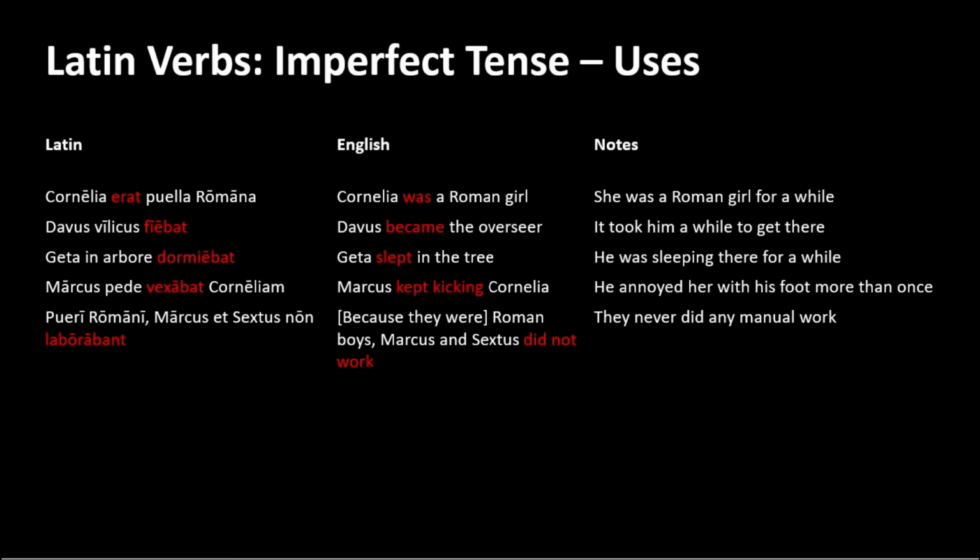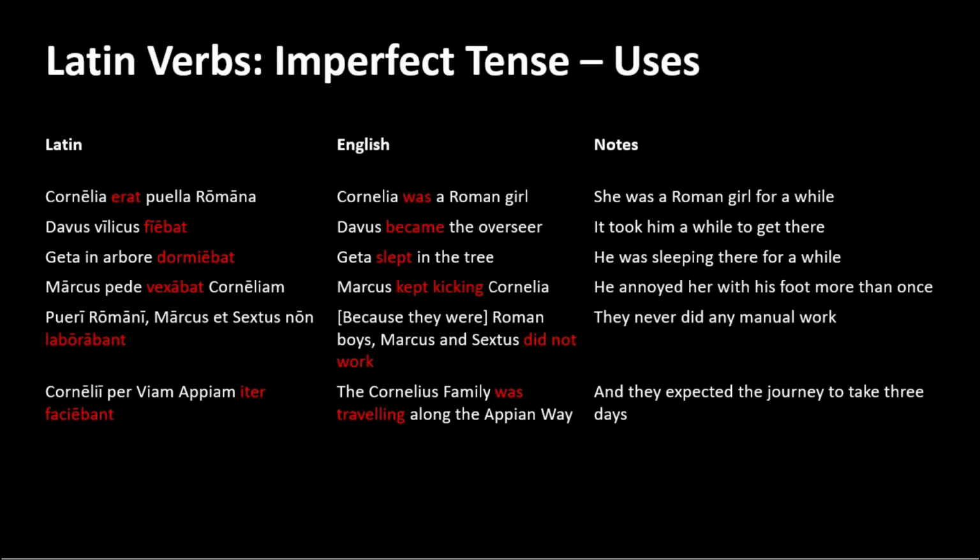Because they were Roman boys and because they were in the higher classes, they never did any manual work. Not only did Marcus and Sextus not work on the day when this story is set, but they did not do any manual work the day before, the day after, or the day after that. An imperfect tense.